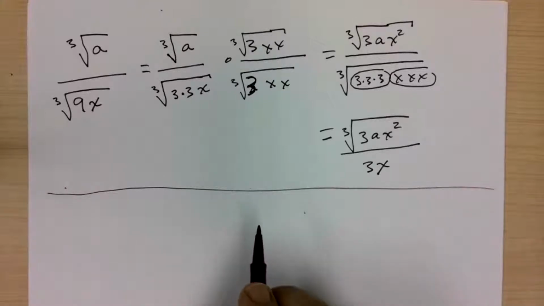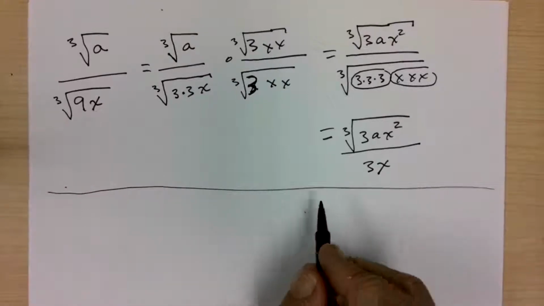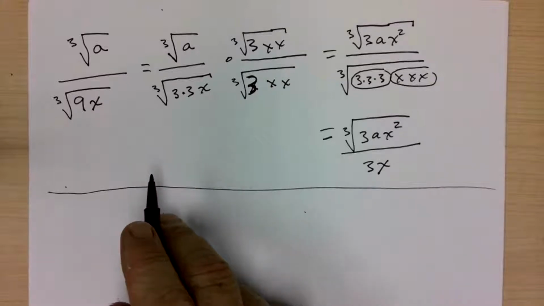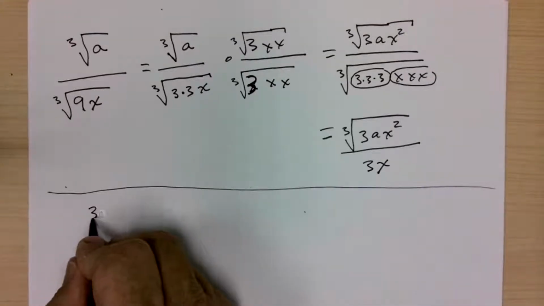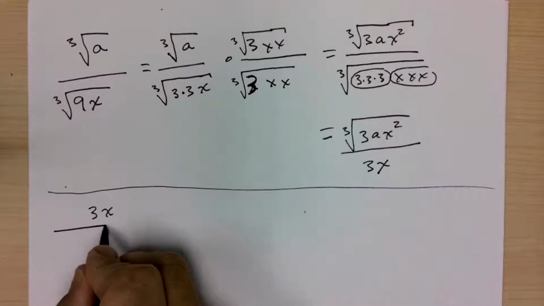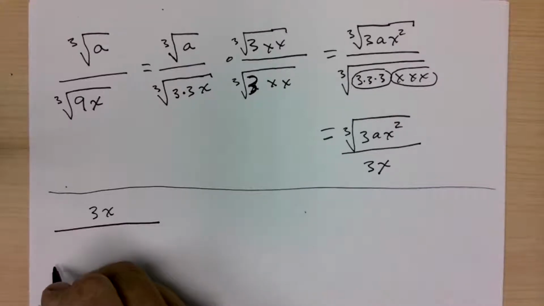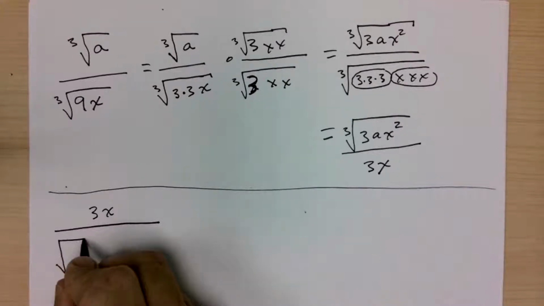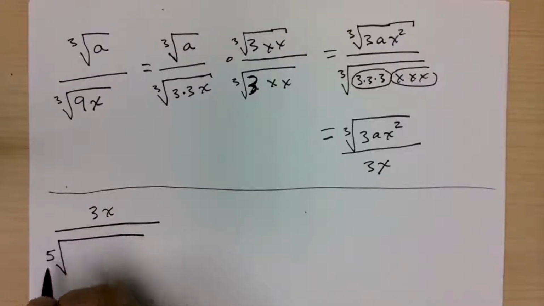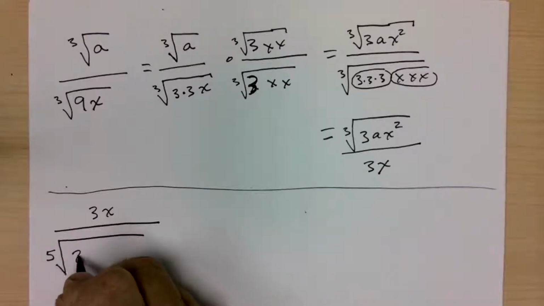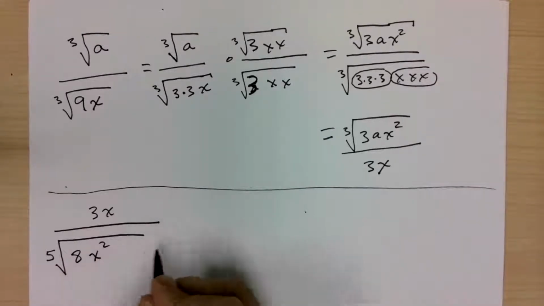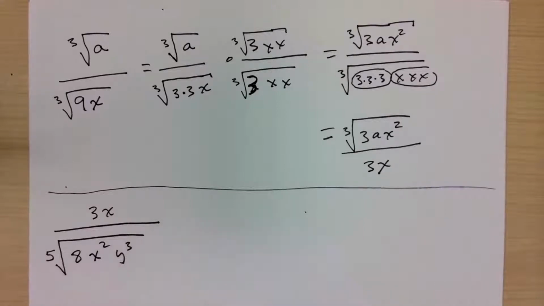Now, let's do one more sort of in this same line, except I'm going to kick it up to a 5th root. If I have 3x over the 5th root of 8x squared y cubed, I need 5 now to leave a 5th root.